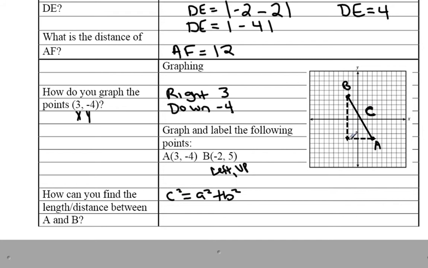So we count horizontally and vertically. This is 1, 2, 3, 4, 5. This has a length of 1, 2, 3, 4, 5, 6, 7, 8, 9.